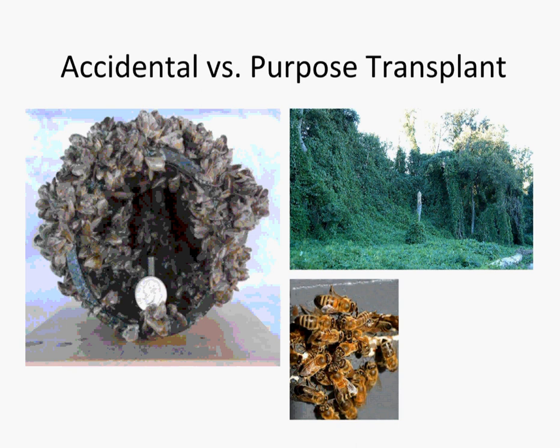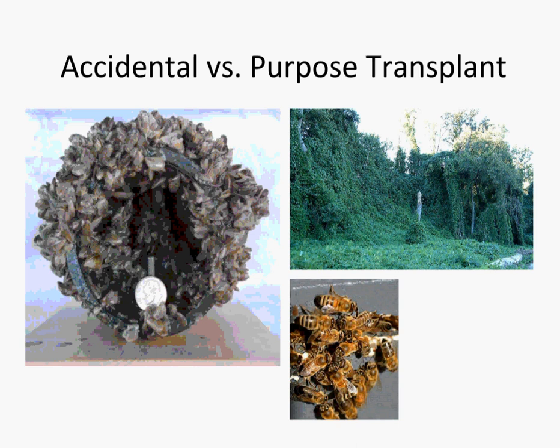On the left, you have zebra mussels, and they're definitely considered an accidental transplant because they were brought over in boats and things from over the seas, and they get here and they really like living in this part of the world instead of where they are originally from, and they've done quite well, and they've caused quite a bit of problems. And so some transplant species can be what is considered an invasive species or a pest.